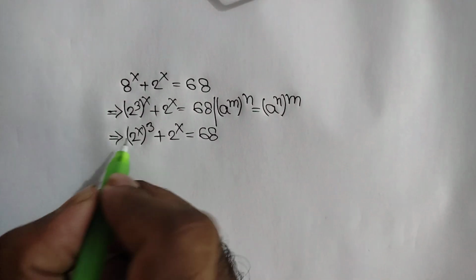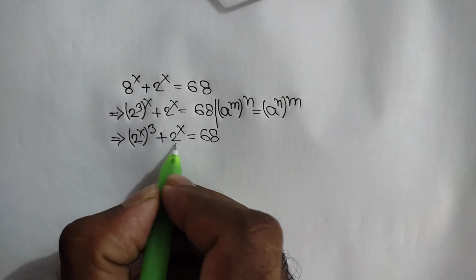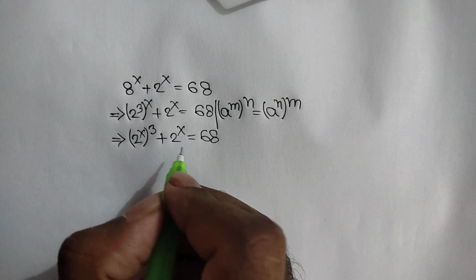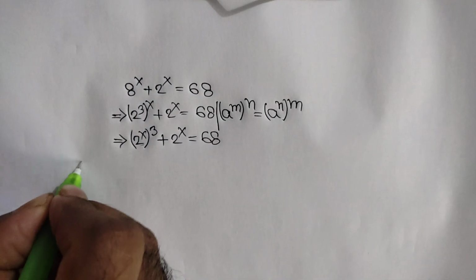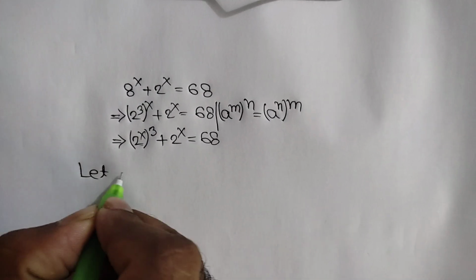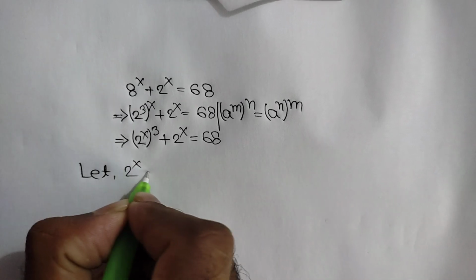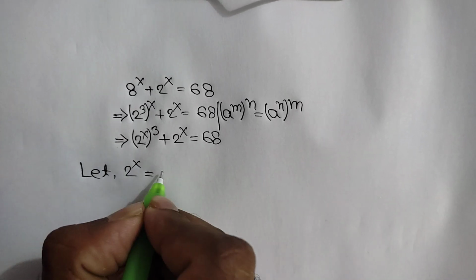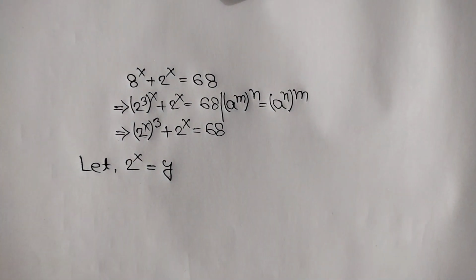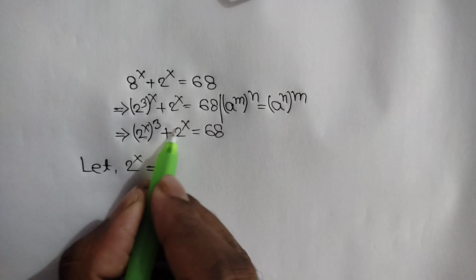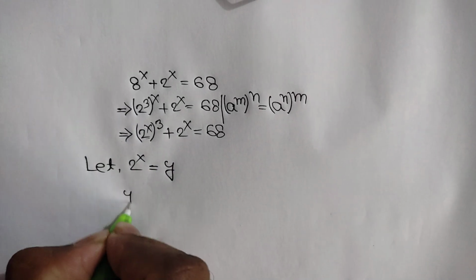Now see, here 2 to the power x and 2 to the power x, both terms are the same, so let 2 to the power x be substituted by y. So our equation is y cube plus y is equal to 68.